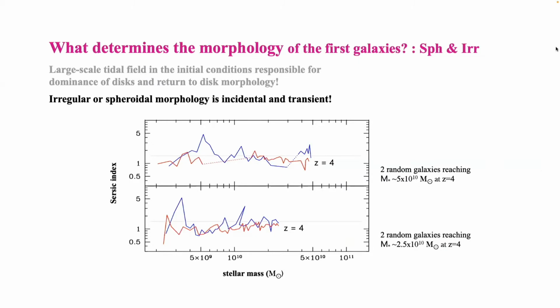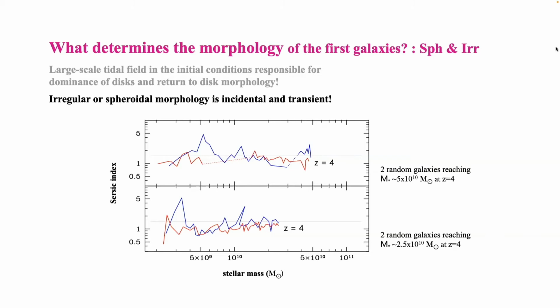Okay, so let's look at what happens to spheroidal and irregular morphological types. Here I'm showing the evolution of the Sérsic index for 4 randomly selected galaxies, down to z equal 4. And you can see this line is 1.5.